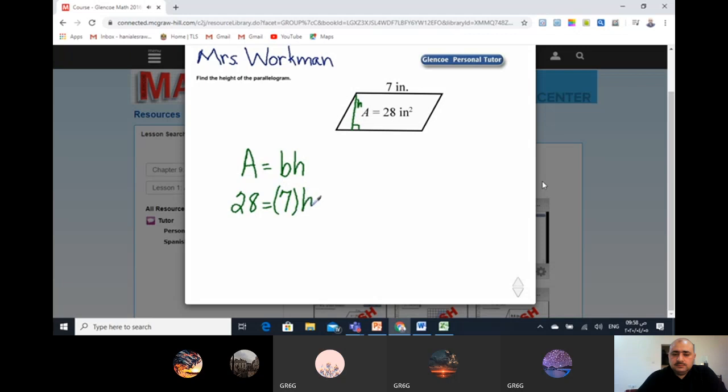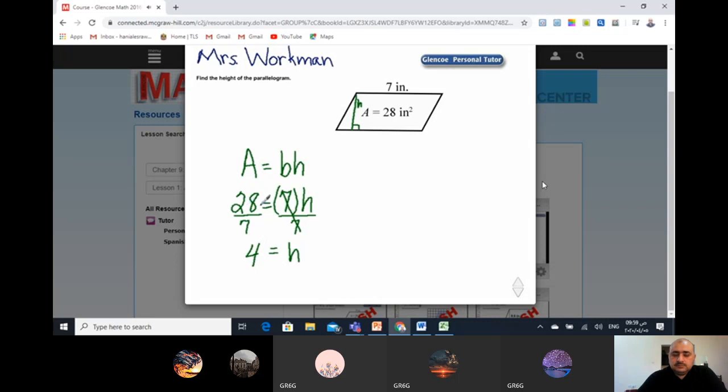And that just leaves us with the variable h for height. In order to solve this resulting equation, we're going to divide both sides by 7. 7 divided by 7 is 1, so there's our 1h. 28 divided by 7 is 4.